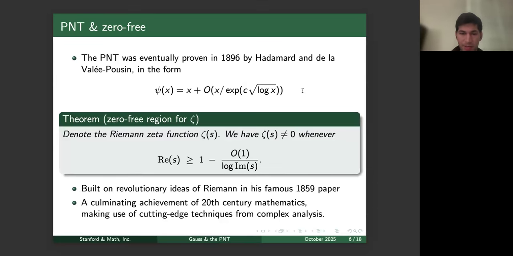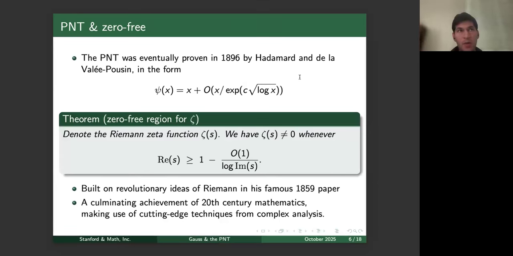If you're a number theorist, you're happy to see exponentials and logarithms and maybe double logarithms popping up everywhere. This is a sign that you're in analytic number theory. But outside of this field, maybe this looks a bit complicated. It suffices to say that this quantity is going to be smaller than x, and in fact smaller than x over log x, or x over log x to the 100th power.